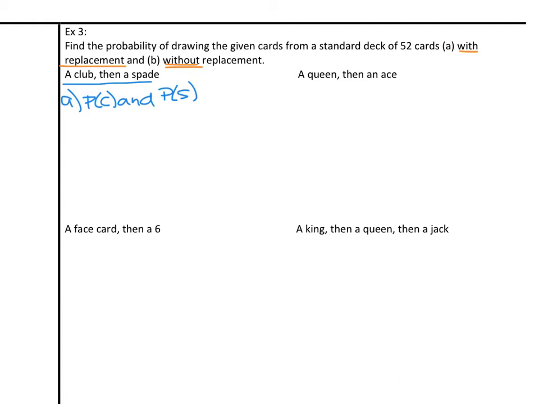Now in a deck of cards, there are 13 clubs out of 52. That means there's a 1 in 4 probability that you would pick a club, 13 out of 52. And means multiply. There are also 13 spades out of 52, which would also be 1/4. The probability that you would pick a club, put it back, and then pick a spade is only 1/16. That's a pretty small decimal.